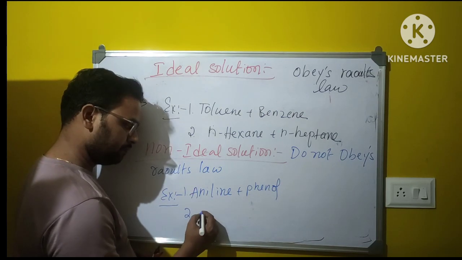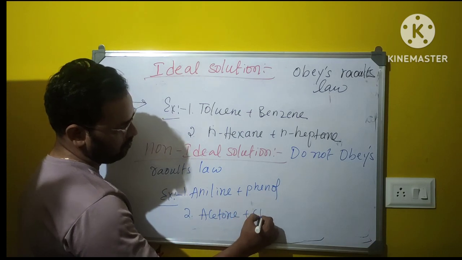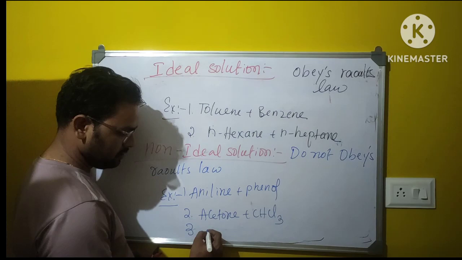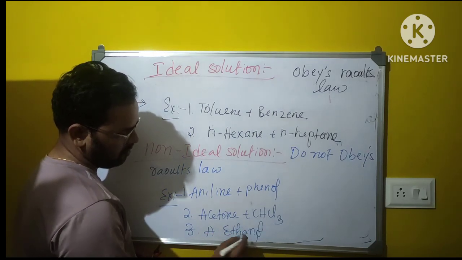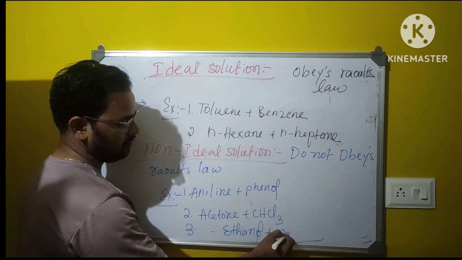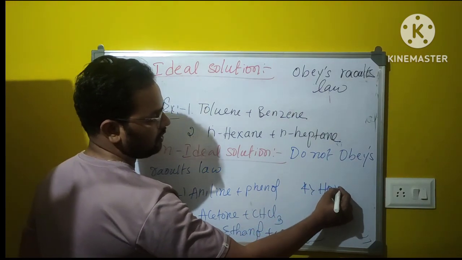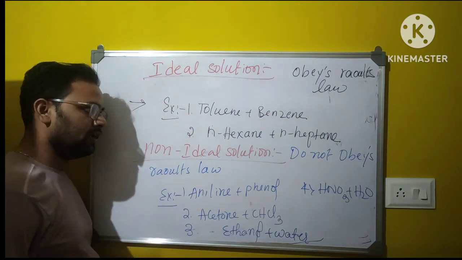Second one is acetone and chloroform, CHCl3. Third one is alcohol, ethanol and water. And fourth one is a mixture of HNO3 and water. So these are all examples for non-ideal solutions.